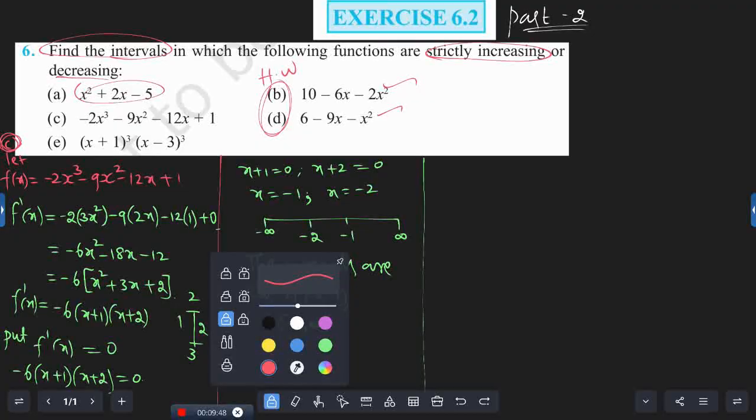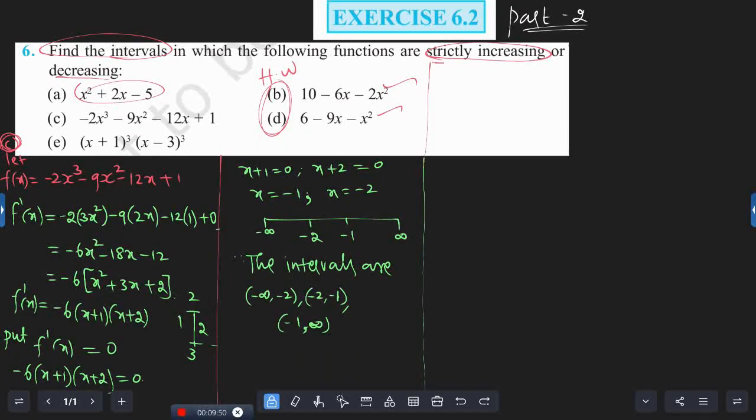Okay, in the table first, listen, what am I going to write? Intervals. Next, f dash of x is equal to minus 6 into x plus 1 into x plus 2. This one I'm writing there. Next, nature of f of x.